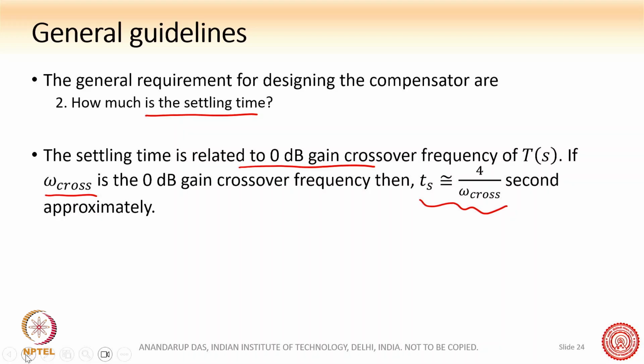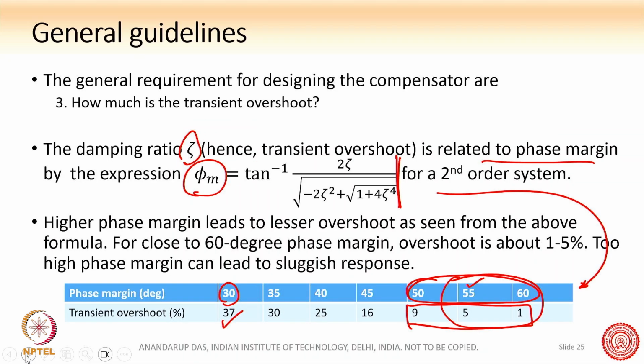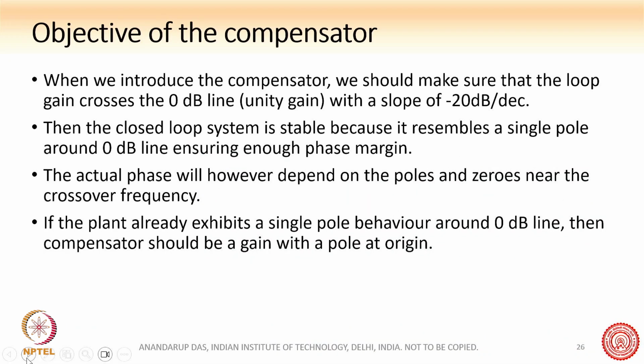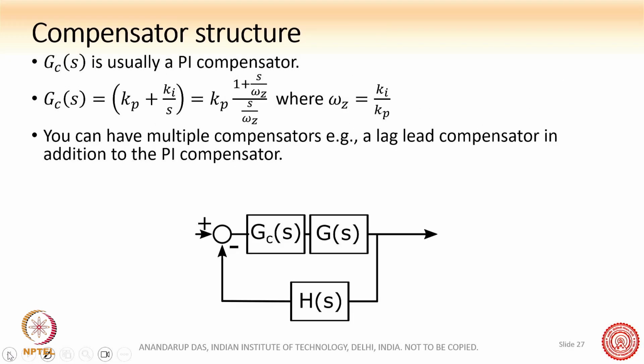And the third is the transient overshoot, which we can obtain from the phase plot of the loop gain, right? With these three understandings, let us now go back. One more thing, we will start with this one.